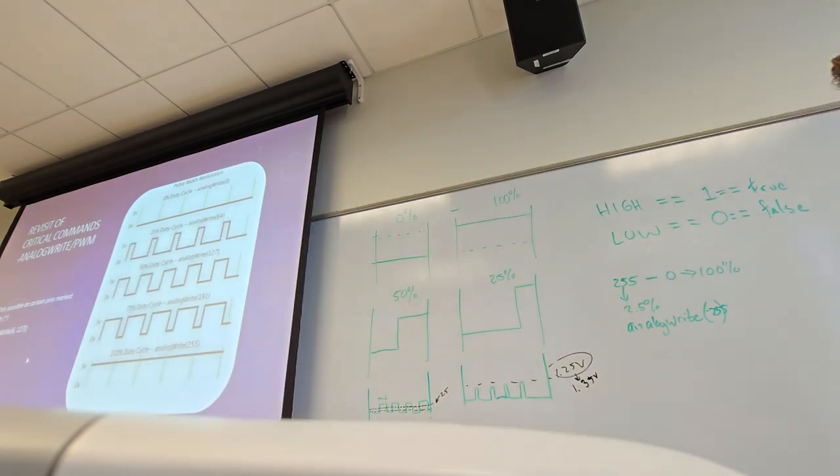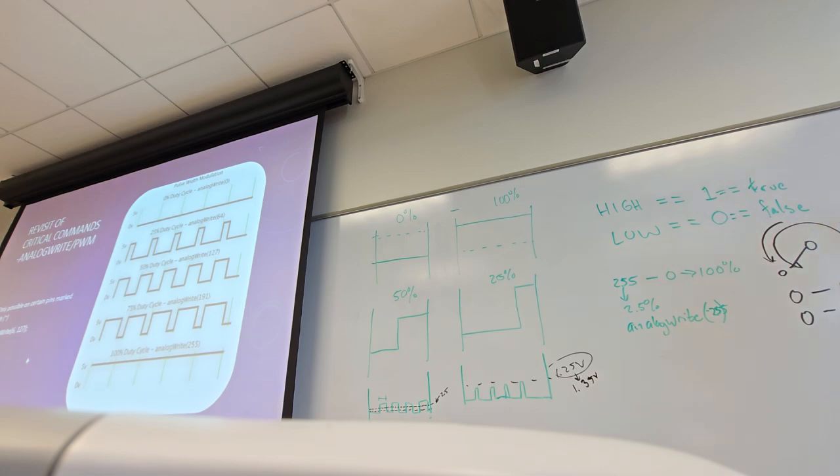For example, servos take PWM signals, where often servos will have a limited range, say between 0 degrees and 270 degrees. This range is mapped by a PWM signal between 0 and 100% of our PWM, or 0 to 255 for our analog write.